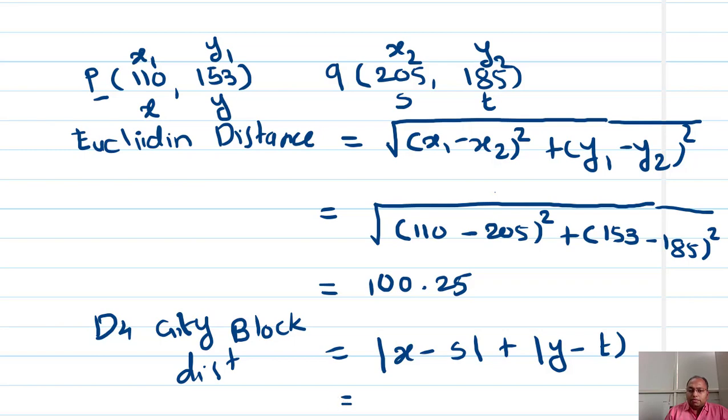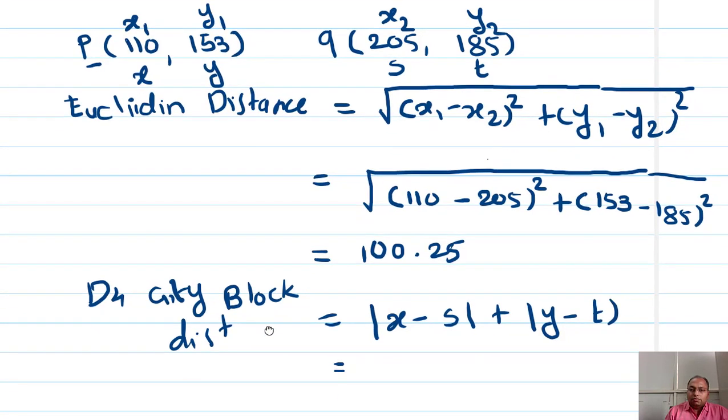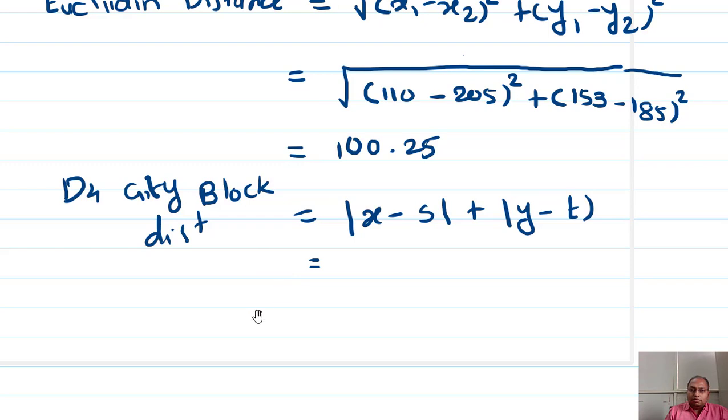Therefore, x is 110 minus 205, since s is 205, plus y is 153 minus t, which was 185.